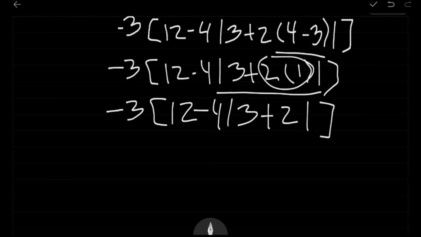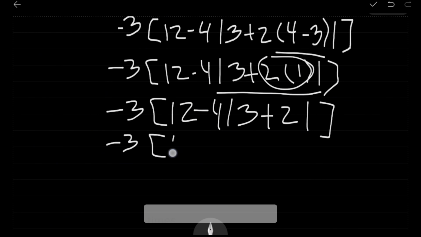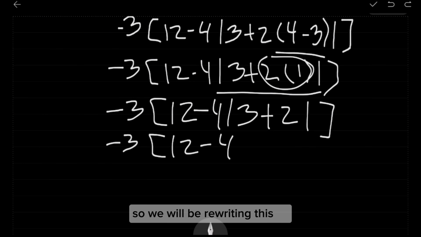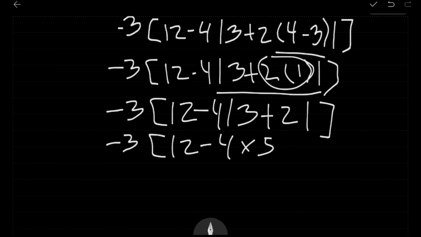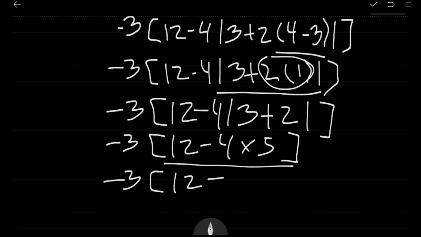With the last expression, 3 plus 2, which is equal to 5, we rewrite this as times 5. Now we have this last expression, 12 minus 4 times 5. Again, using the GEMDAS rule, 4 times 5 is equal to 20.